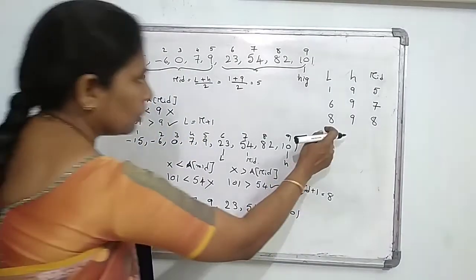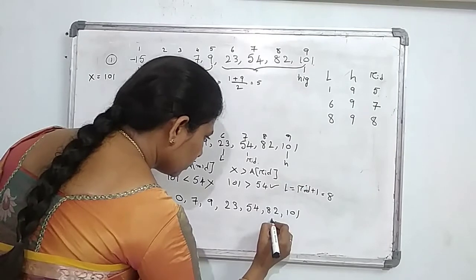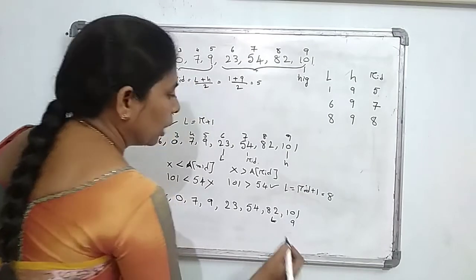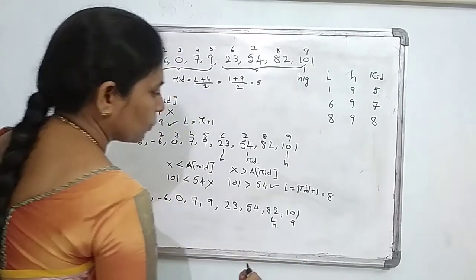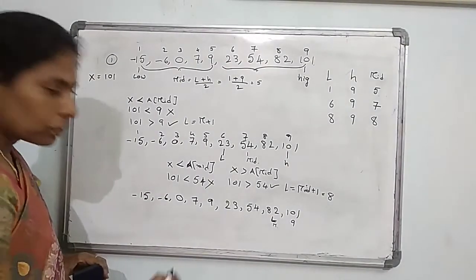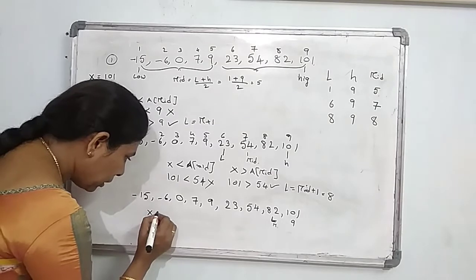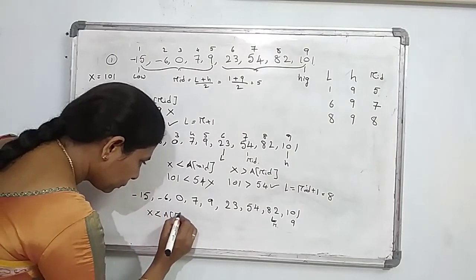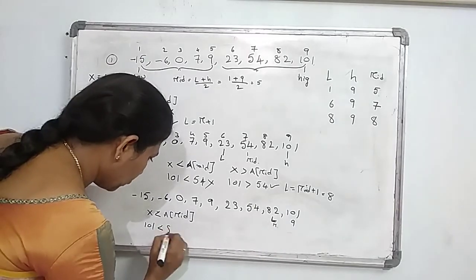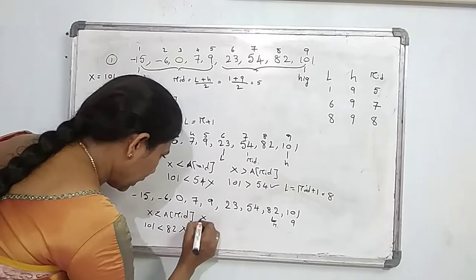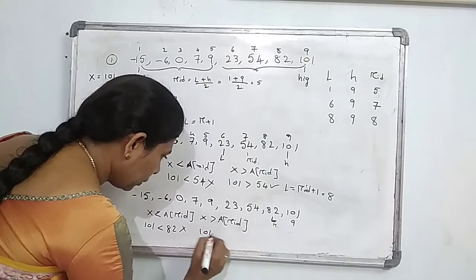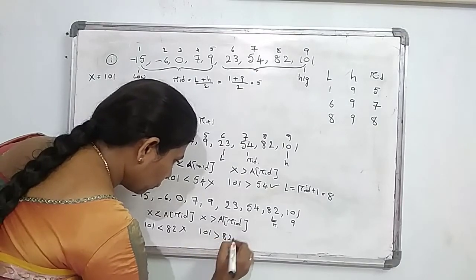Now the low value is 8, the high value is 9, and the mid value is also this. Now again compare x less than a of mid: 101 less than 82? Wrong. X greater than a of mid: 101 greater than 82, it is correct.